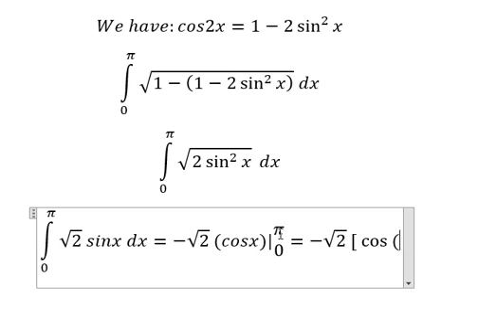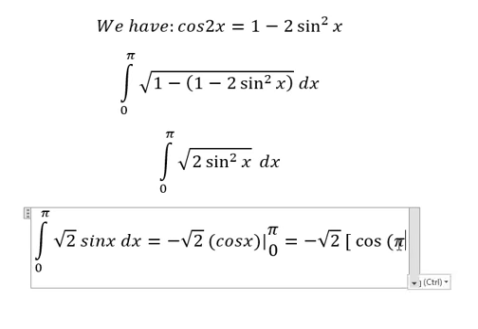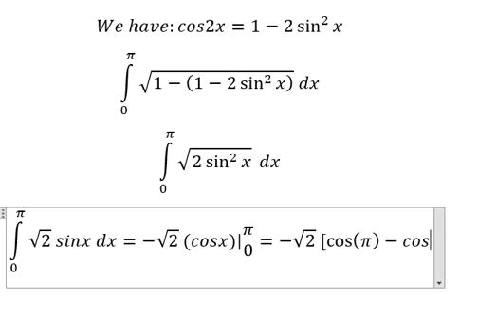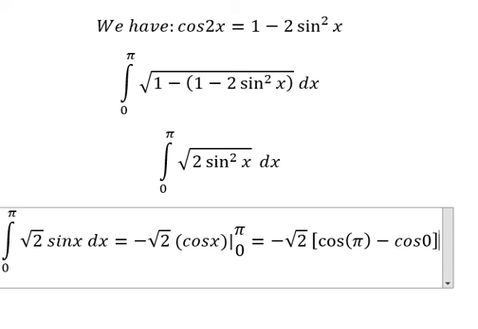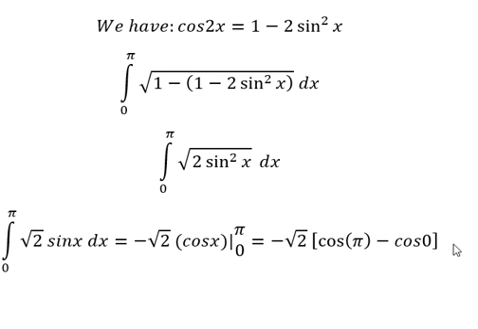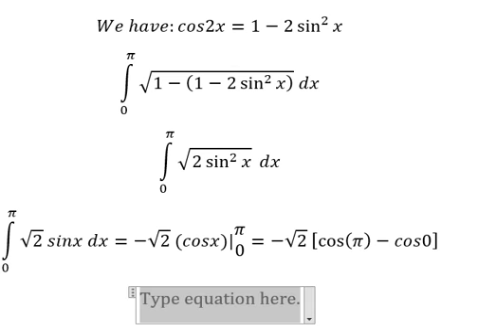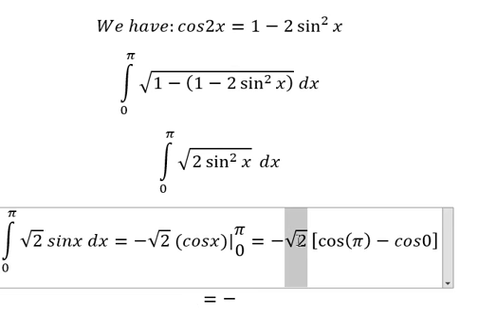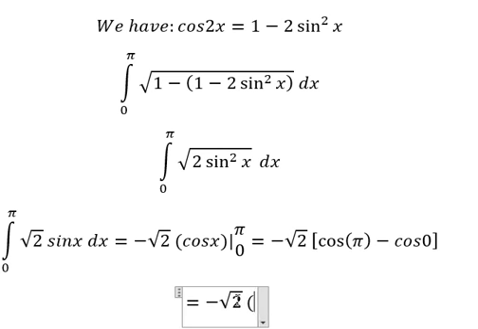We have cosine b minus cosine 0. So we calculate about this one. So we have negative number 2. So we have 2 with the square root of number 2.